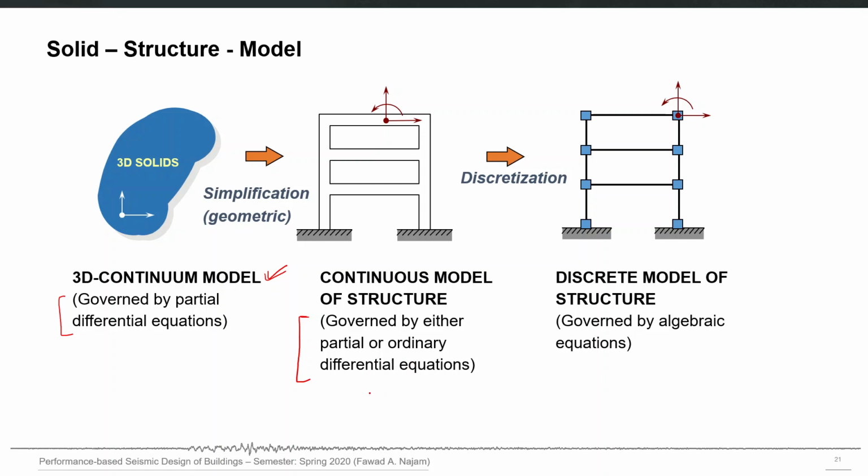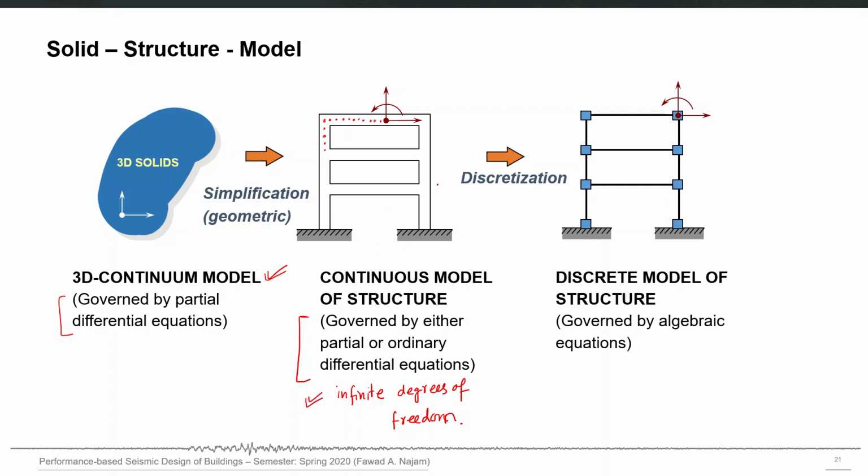That continuous model will have infinite degrees of freedom, and we have not fixed the location of degrees of freedom. Each point on this continuous model has degrees of freedom, and there are infinite points, so there will be infinite degrees of freedom.